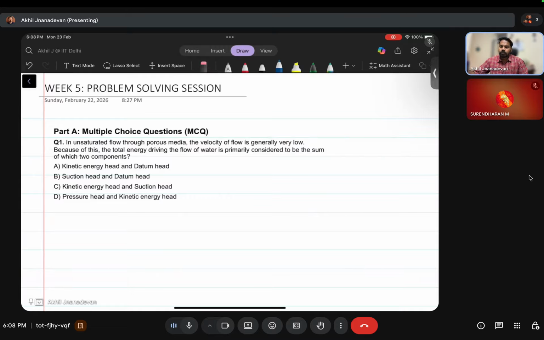In the first few lectures we saw how atmospheric water can be modeled and all the processes involved in it, that is precipitation and evapotranspiration. Then we come to the subsurface: the precipitation has occurred, the water has reached the ground, and now it has infiltrated and is reaching the subsurface.